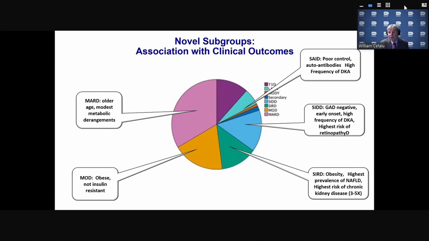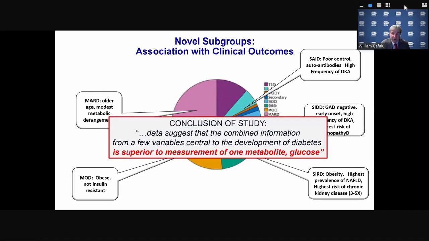For example, severe insulin-deficient diabetes had the highest rate of retinopathy, and severe insulin-resistant diabetes had the highest rate of liver disease and the highest risk of chronic kidney disease. Now, these subtypes are not perfect, but the data did suggest that the combined information from a few variables is central to the development of diabetes and superior to the measurement of one metabolite, glucose.